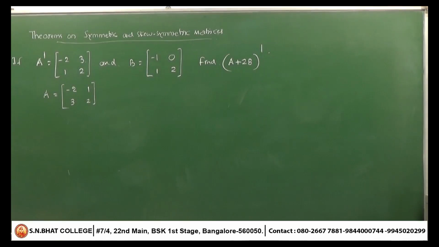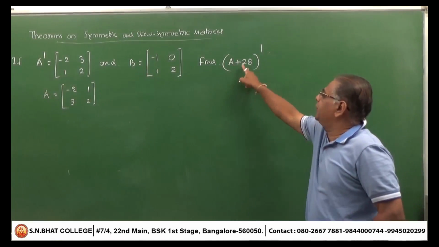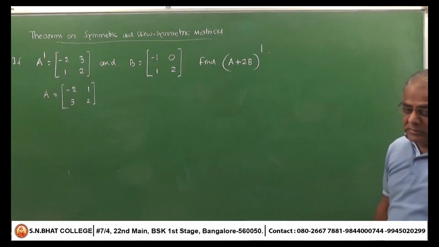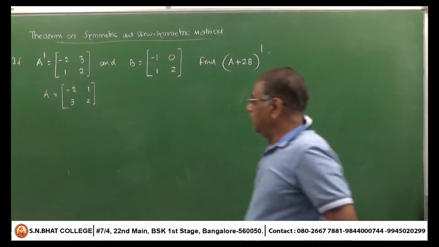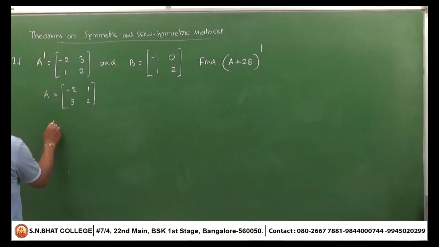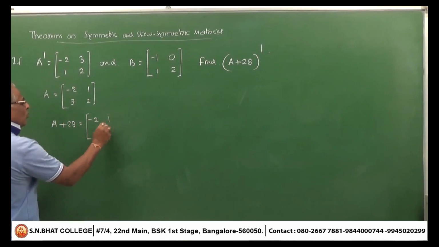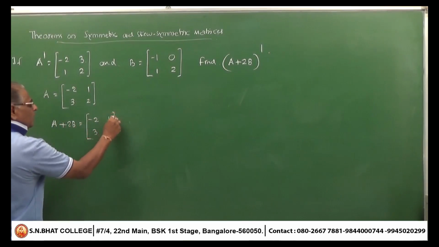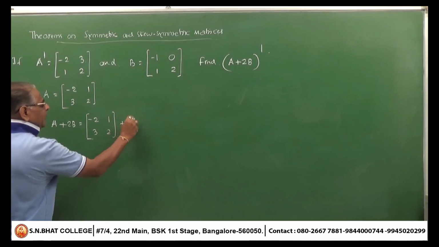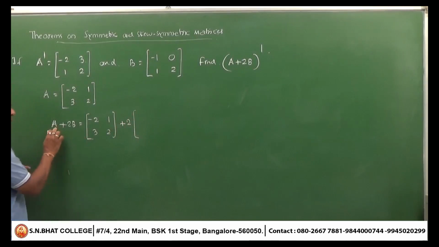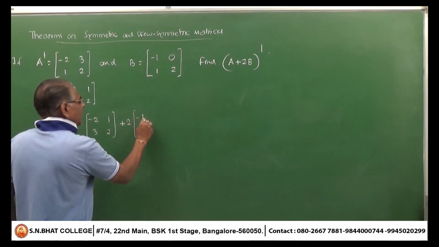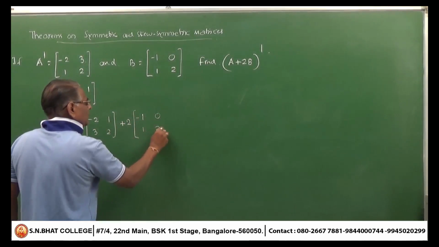First we calculate A because in the question we need A plus 2B. On the left hand side you write A plus 2B. Replace A by this matrix: A is -2, 1, 3, 2, plus 2 into B, where B is -1, 0, 1, 2.